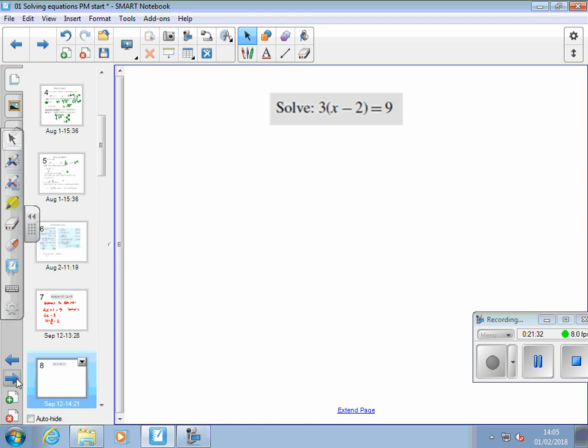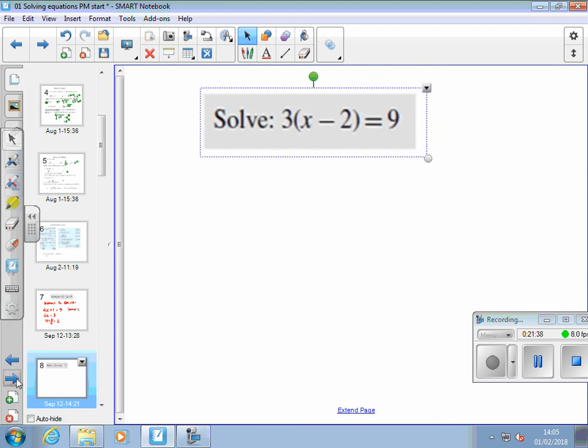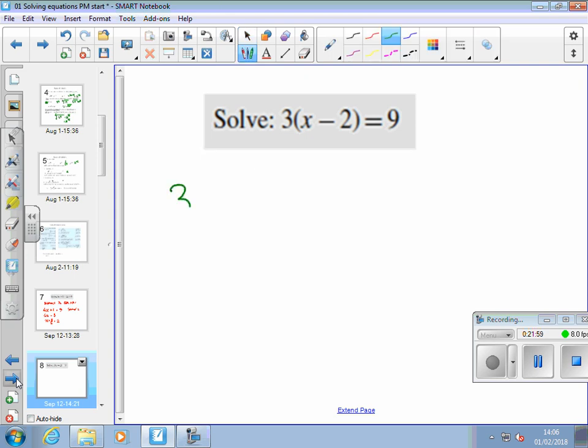Solve 3 brackets x minus 2 is equal to 9. What have we got to do first? So 3x minus 6 equals 9.